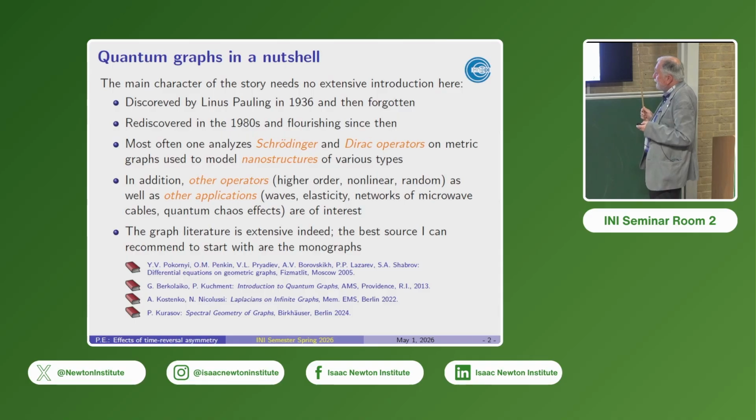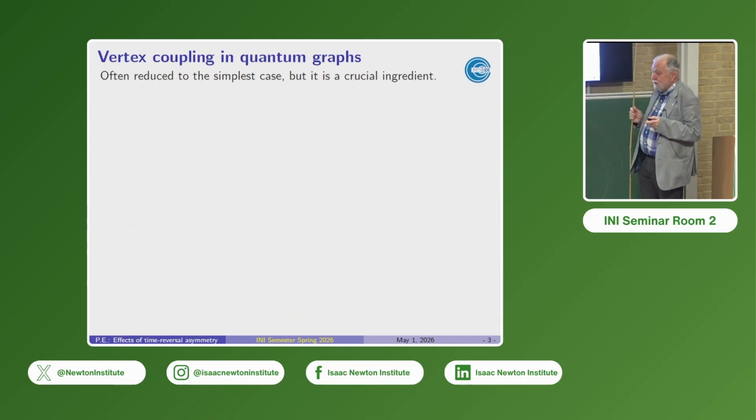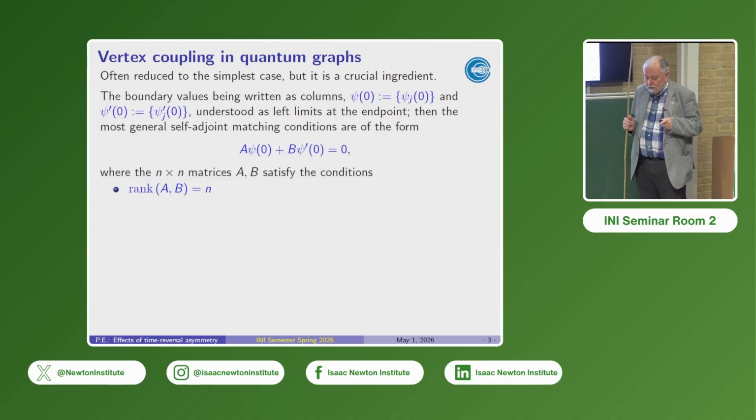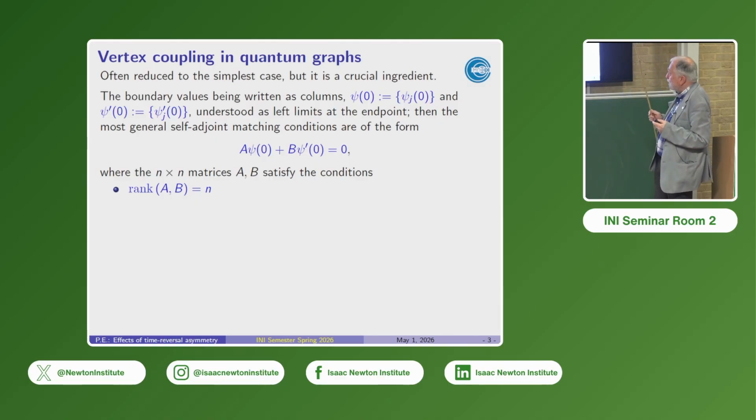Now, in contrast to what Delio said on Wednesday, there is one thing I have to stress, because what will be important here are the vertex couplings. If I have a Laplacian on a graph, a second order operator, in order to make it self-adjoint I need to impose conditions at the vertices of the graph.